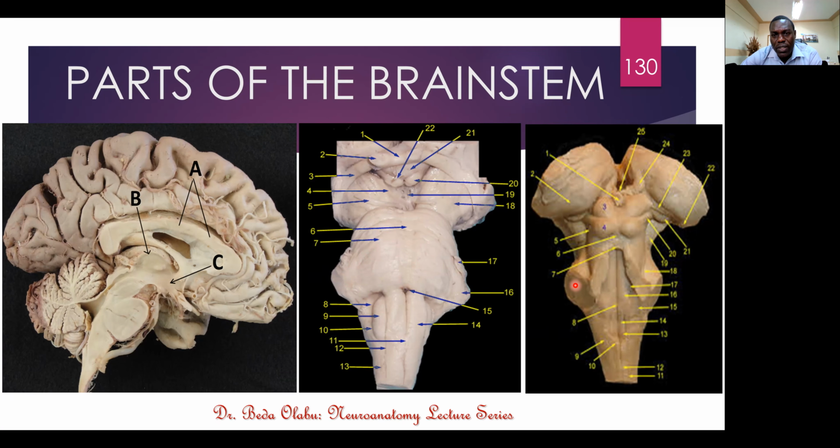Those are the peduncles that connect the pons to the cerebellum. The same way these peduncles are connecting the cerebrum to the brainstem. These ones are cerebral peduncles. These ones are cerebellar peduncles. The one connecting it to pons is specifically called the middle cerebellar peduncle.